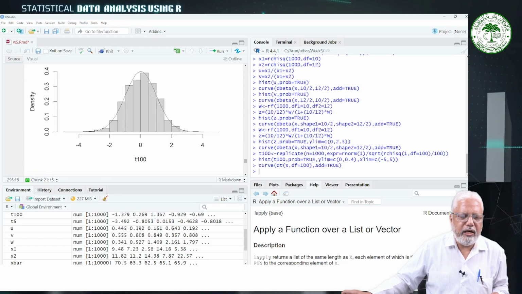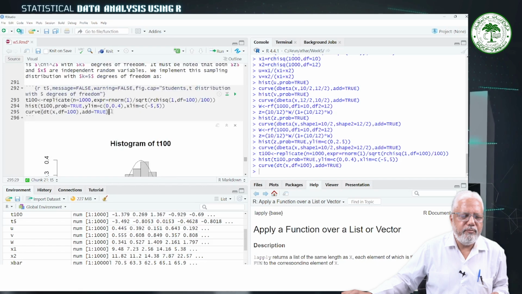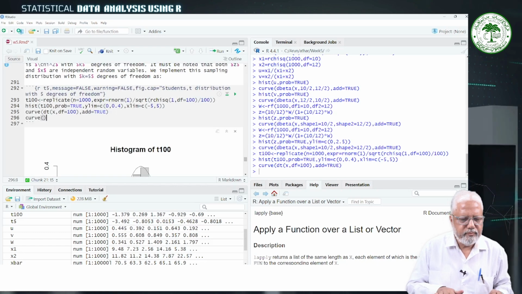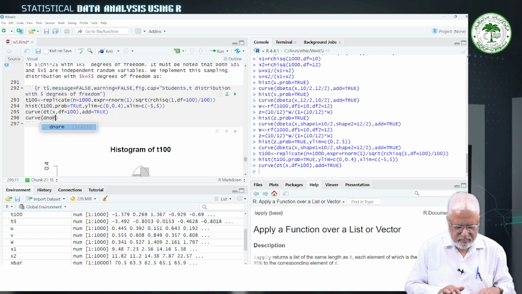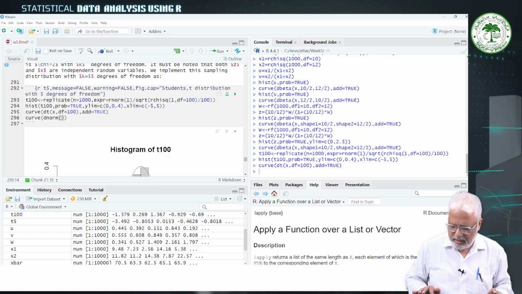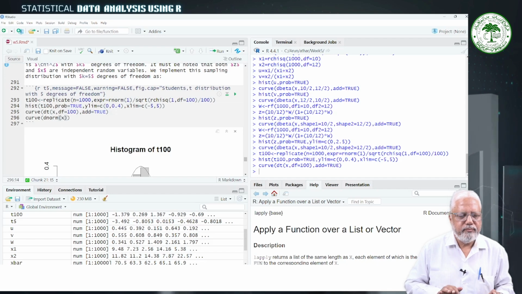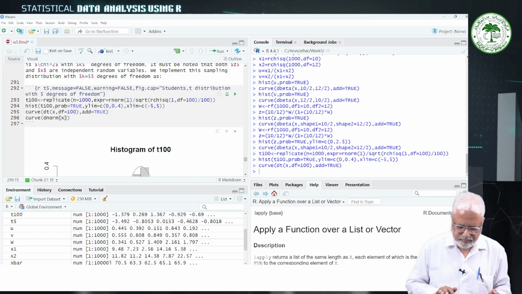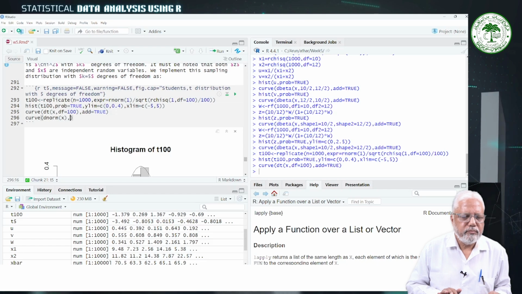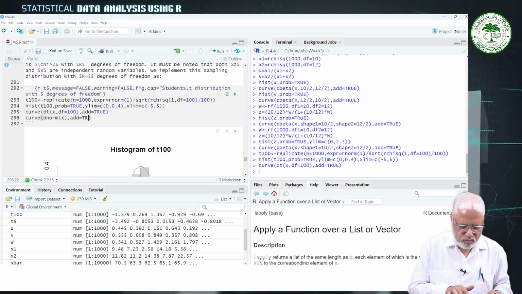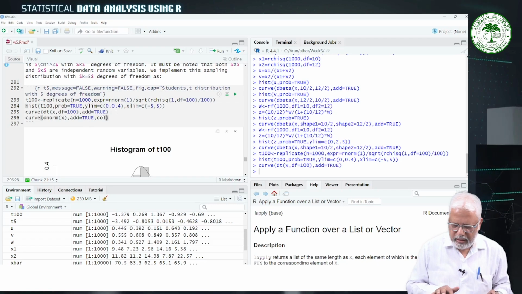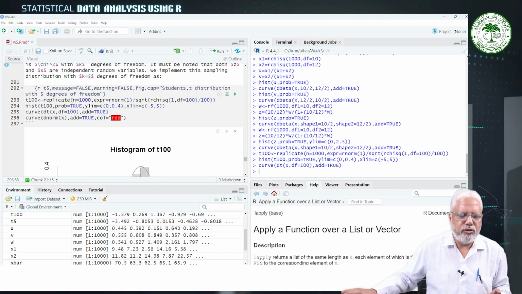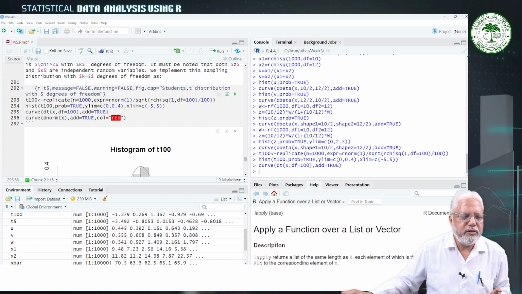Say if we add a normal curve on it, we can have curve dnorm(x) and add equal to TRUE and col equal to red. So we can add a normal curve on this.